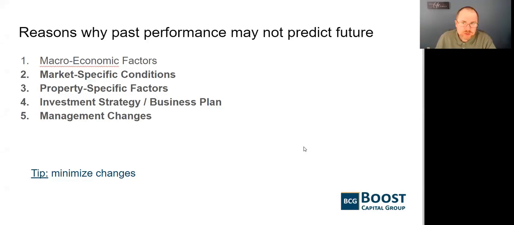Right. So the tip here, and I would say in general, obviously, like we just mentioned a case, it's a change in a good direction, but in general, you want to work with an experienced team who are going to address the macroeconomic factors with the stress test, like I mentioned, and who are also very experienced in a given market, doing the same type of deals all the time with the same property management.